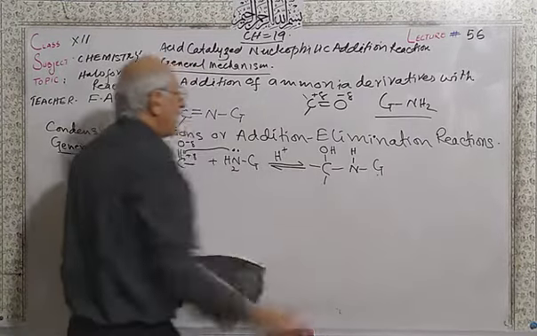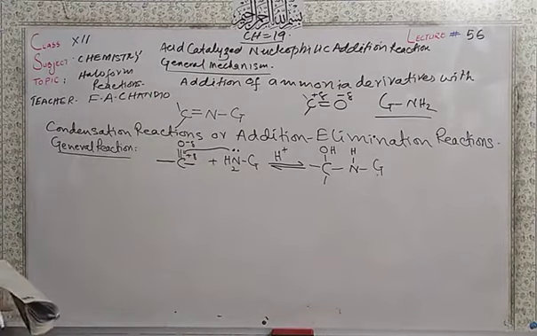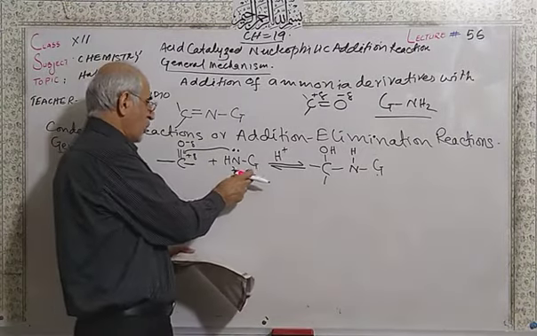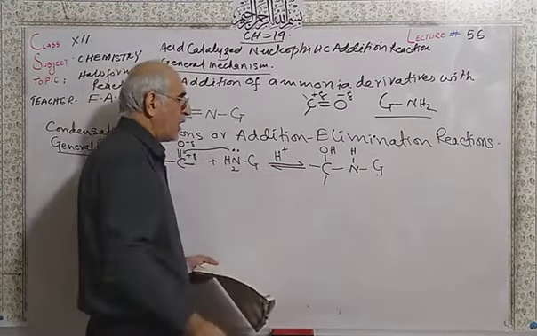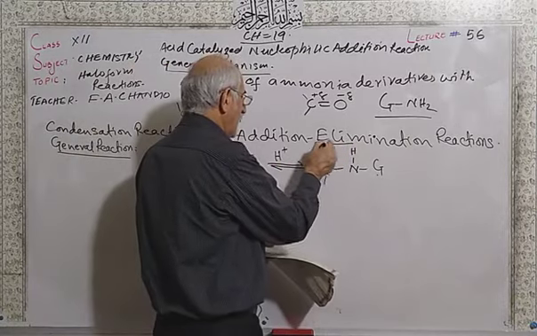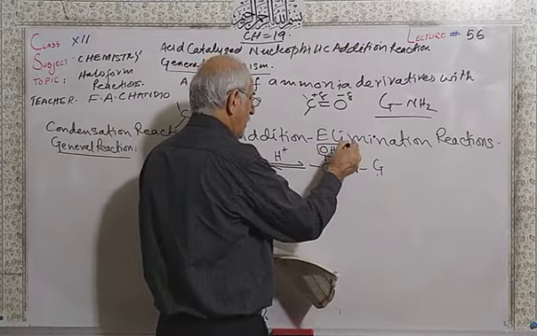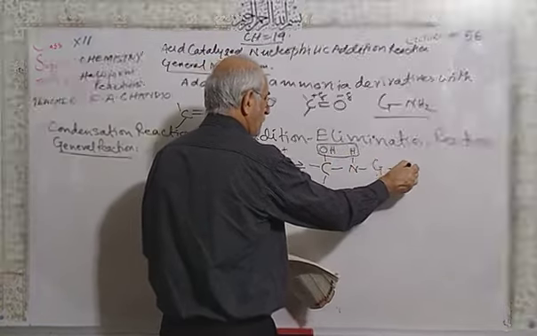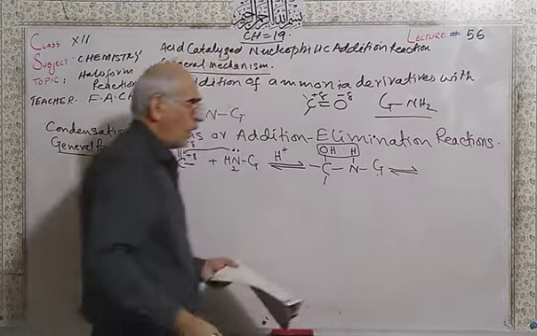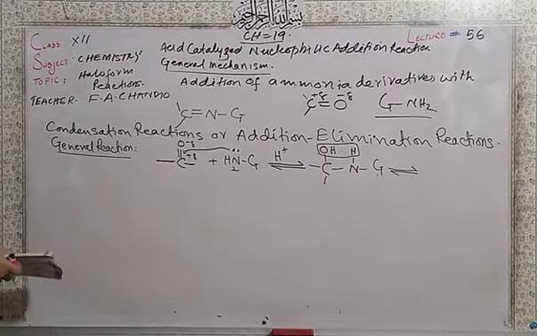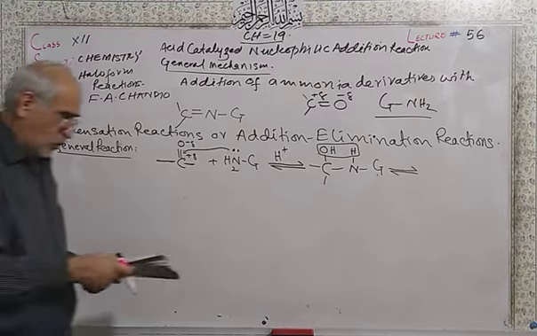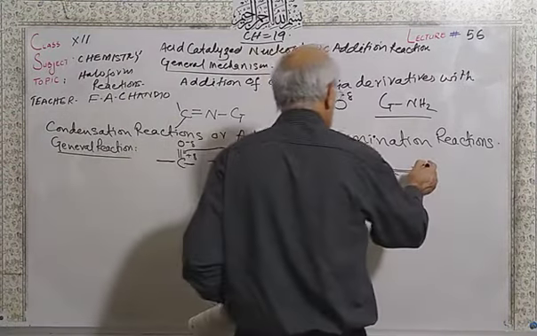Addition and elimination, or condensation. First addition, this group is added to the carbonyl group. Then there is condensation or elimination, the removal of one water molecule from this. So you will get the C=N-G.